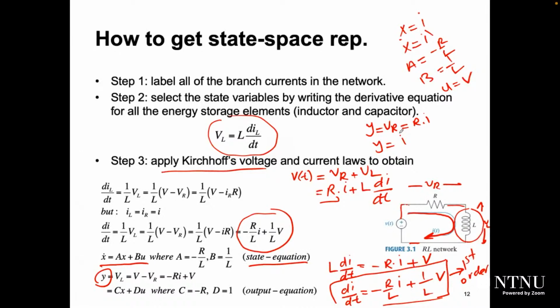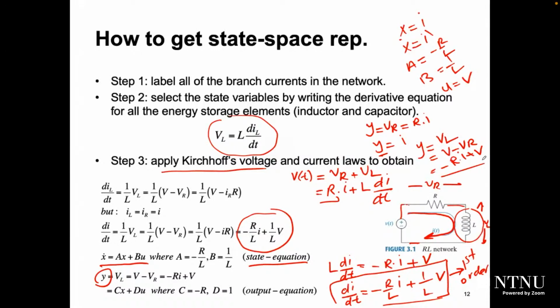Maybe a third person says, no, I want to measure the voltage across L. So in this case, Y will be VL. What is VL? In fact, VL is V minus VR, and VR is R multiplied by I. So VL will be minus R multiplied by I plus V. I will focus only on this last equation.